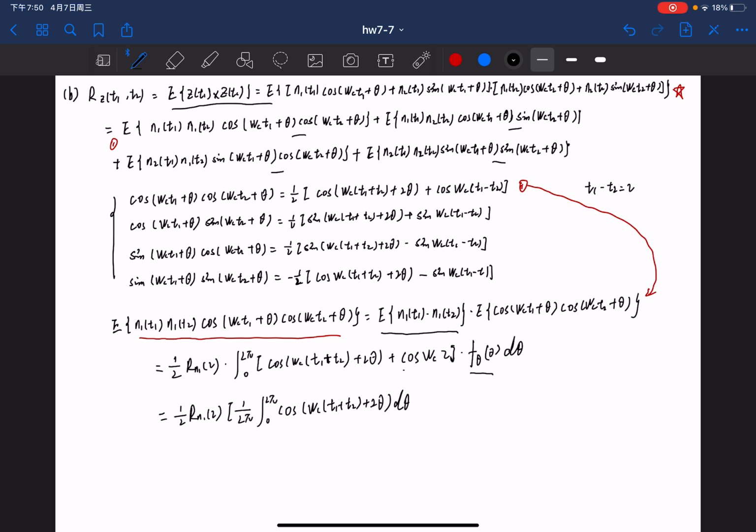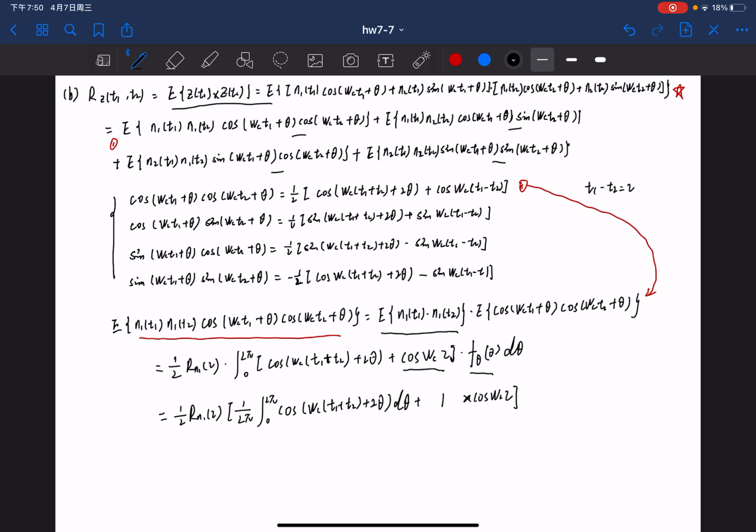And because this part has nothing to do with theta, this part equals 1 divided by 2 pi multiplied by 2 pi multiplied by cosine omega_c tau. And it is obvious that this part is equal to 1. So the first part equals this.